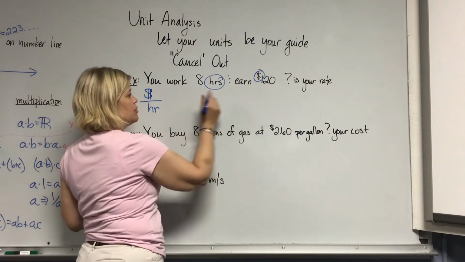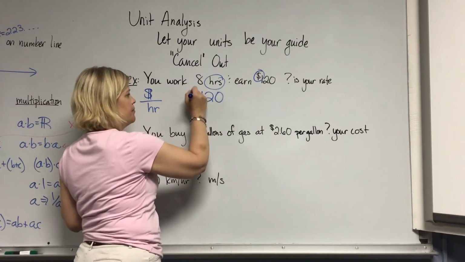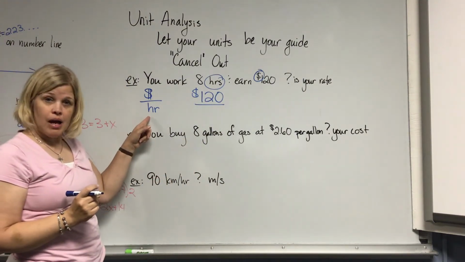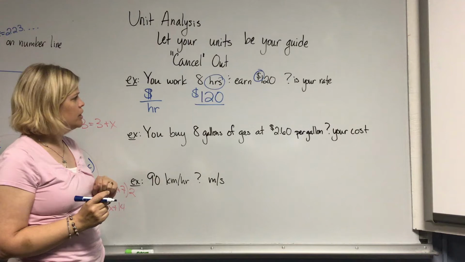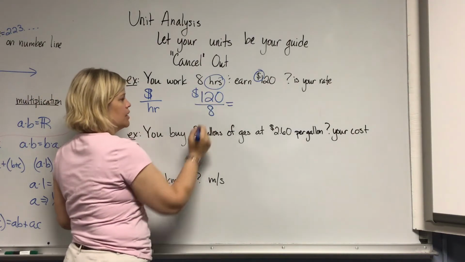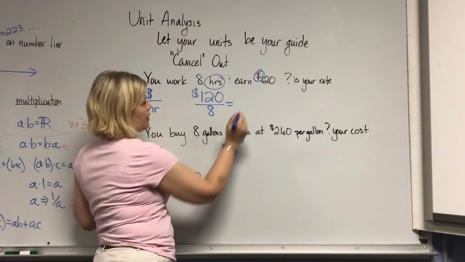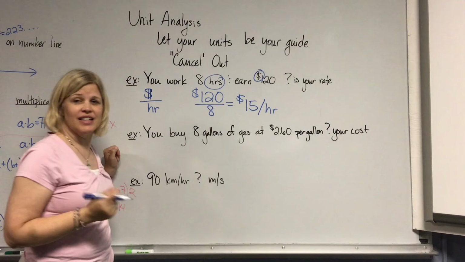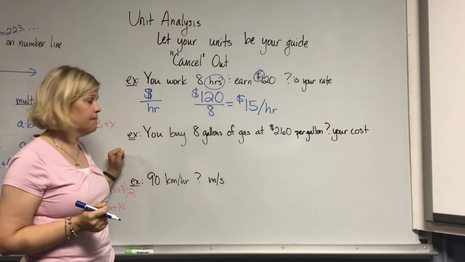So what number goes with that? 120. What unit's on the bottom? Hours. Didn't I see hours? Oh yeah, right here. So 8 goes on the bottom. And when I divide this, 120 divided by 8 is $15 per hour. That's my earning rate. Okay?